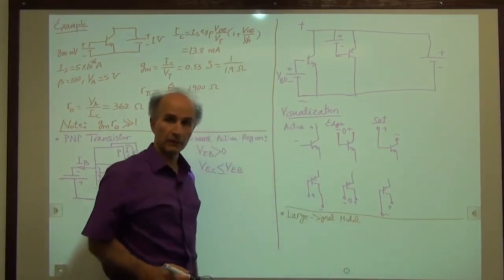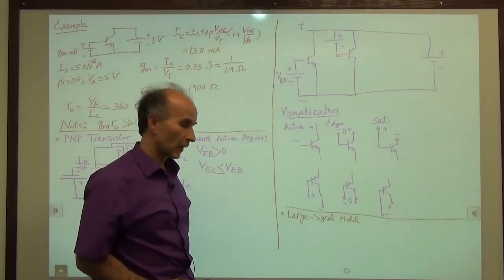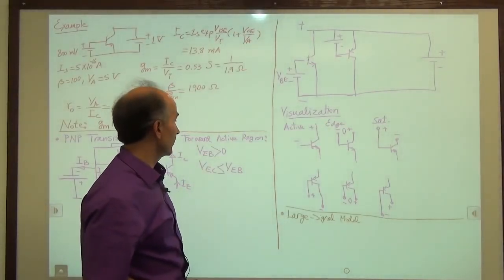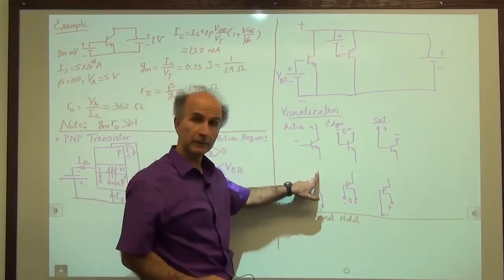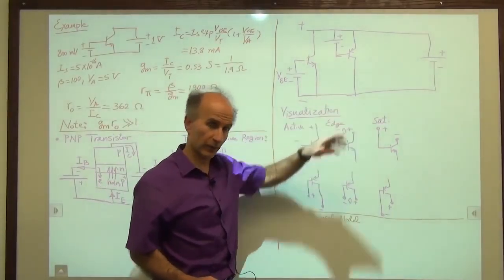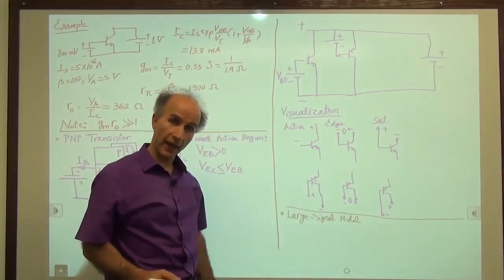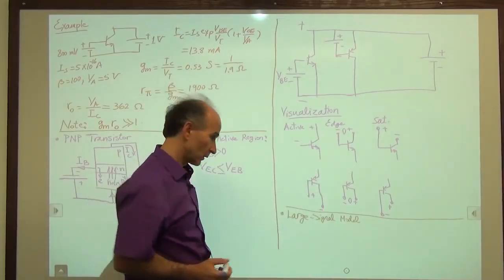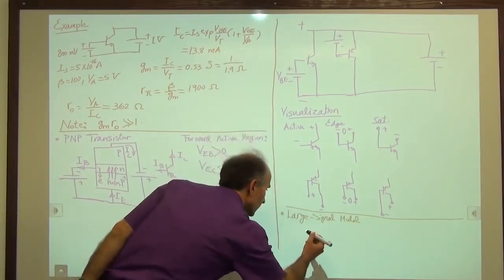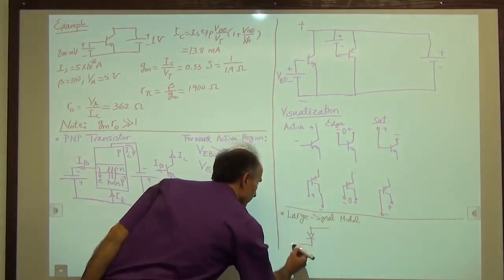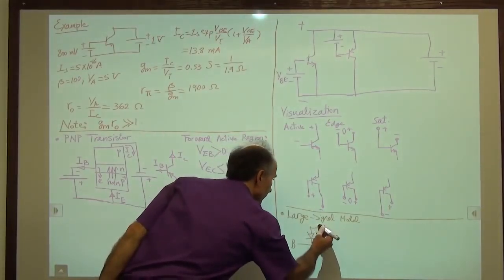Okay, so let's assume that we have drawn the emitter again on top, just the way we do in the actual circuits. So we have a base emitter junction, and that has a diode in it, if you remember. So there's a diode, and that diode needs to be forward biased. So we have a diode like so. This is the base, this is the emitter.